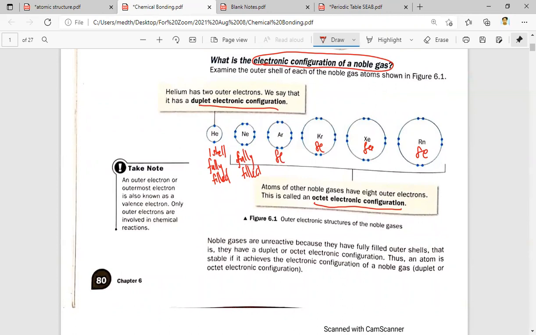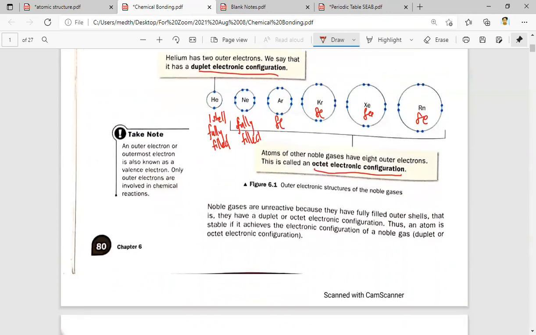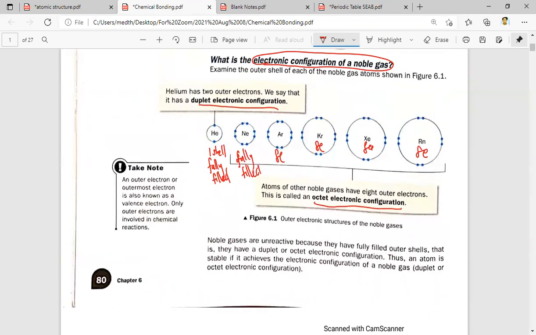Now, instead of thinking of octet and duplet, I just want you to think of it as all of the elements here, their valence shell is fully filled. Remember we did say valence shell means the outer shell, the outermost shell.